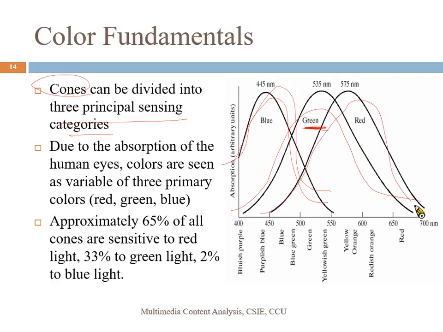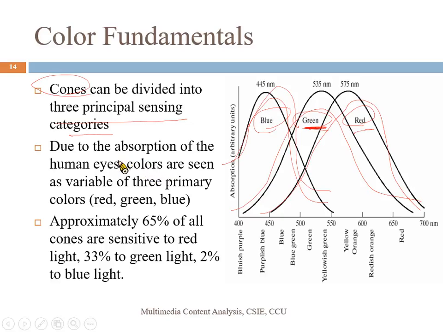And another category is more sensitive to red. So that's why when we design hardware to present color, we usually use the intensity, or the strength, of red, green, and blue to represent a color.